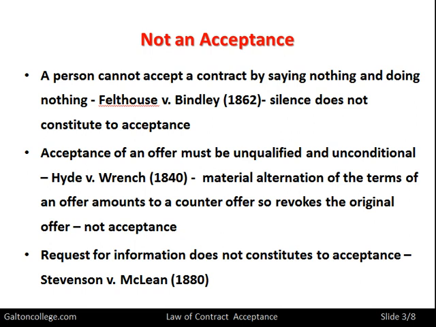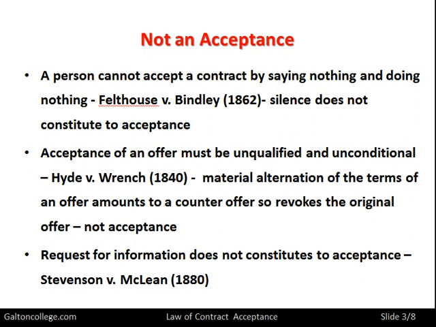And also, the request for information does not constitute acceptance. This was an 1880 case between Stevenson and McLean. In this case, the contract had been agreed, but McLean wanted clarification of some points of the contract, and that was all they wanted.